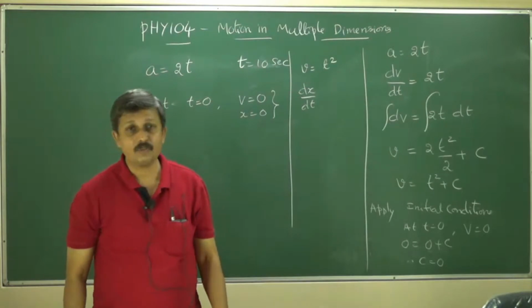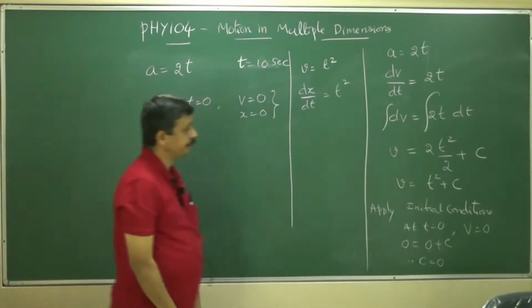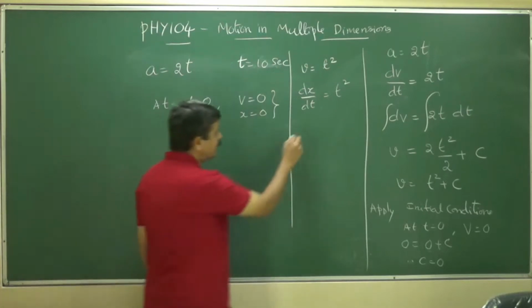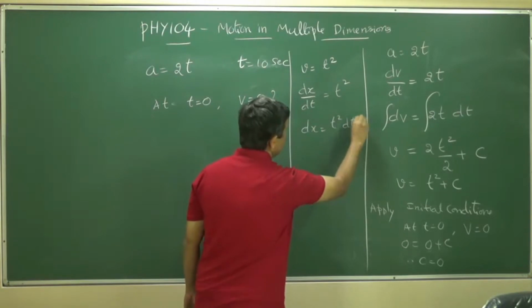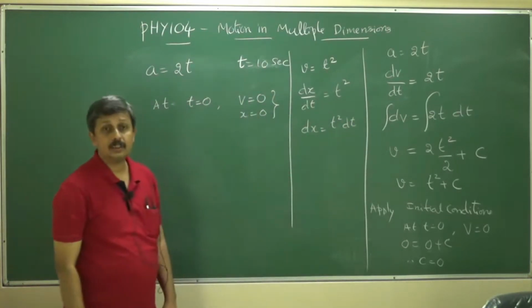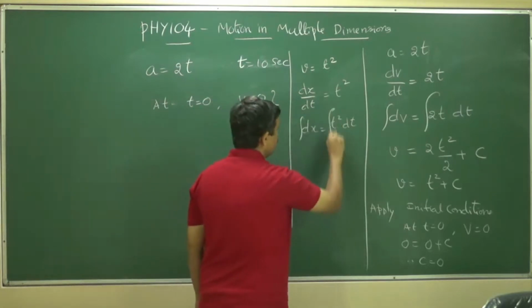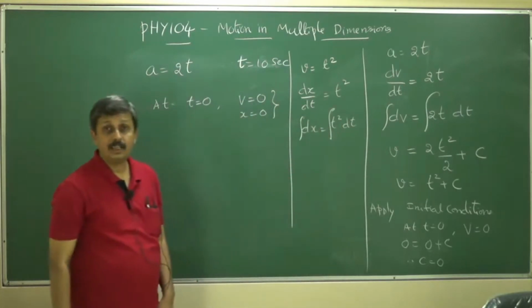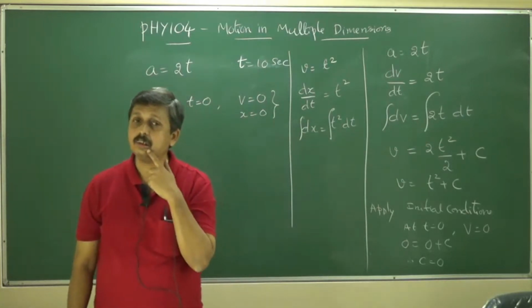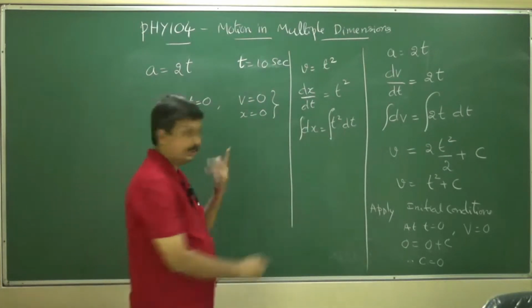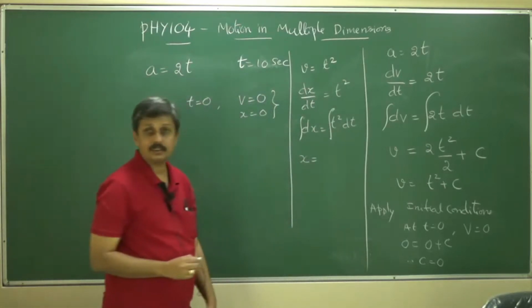Once you write dx by dt is equal to t square, we know dx is equal to t square into dt. So now I am going to integrate again. Integral of dx is how much? x.